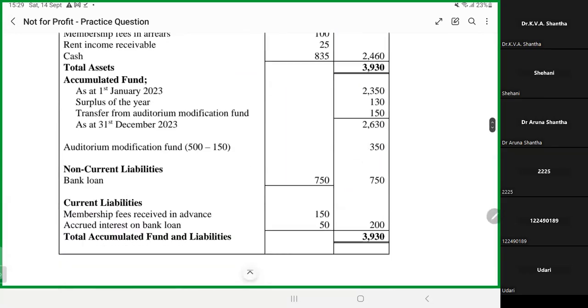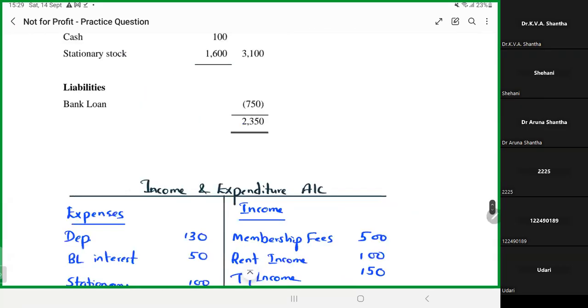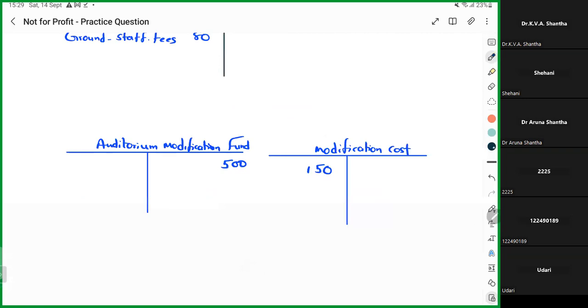So this modification cost, you have to take to capital work in progress account. Because this is a capital work. This is a capital expenditure.